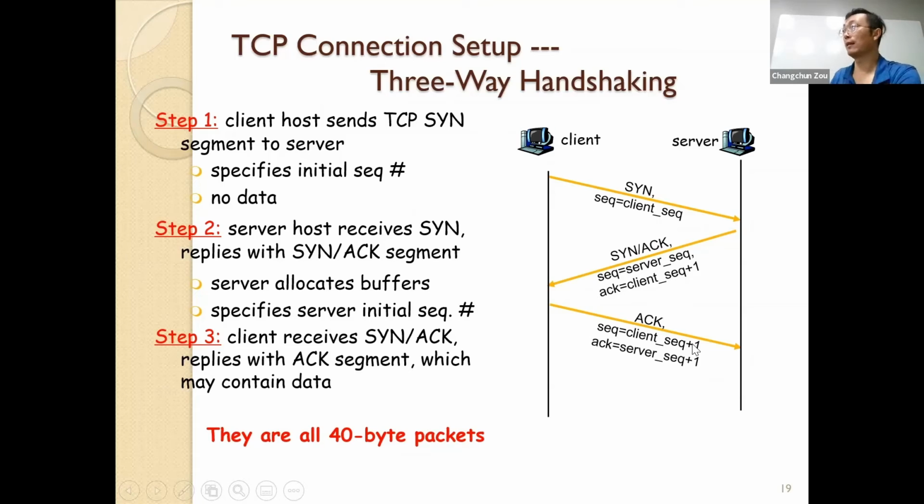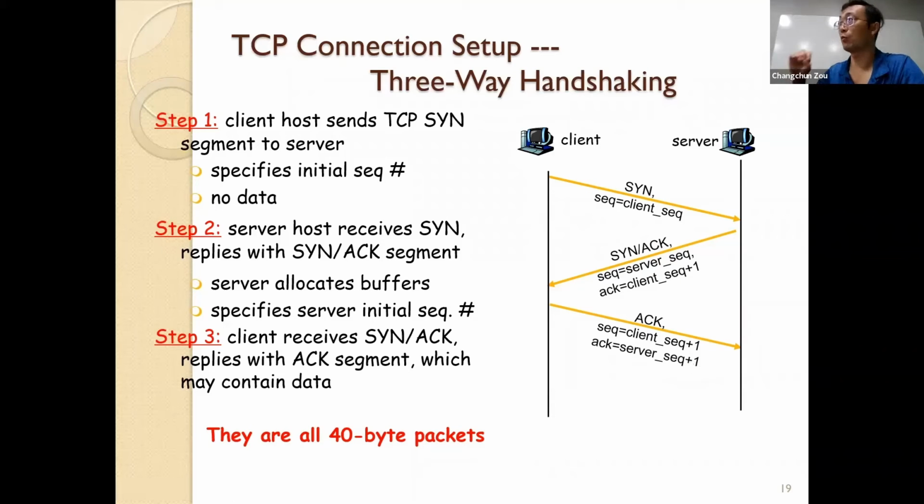This +1 is just for challenge and response purposes. It doesn't mean that there is 1 byte of data in the packet. The packet still has 0 data in it. But the protocol defines that you need to increase the sequence number by 1. So this +1 is just a response.